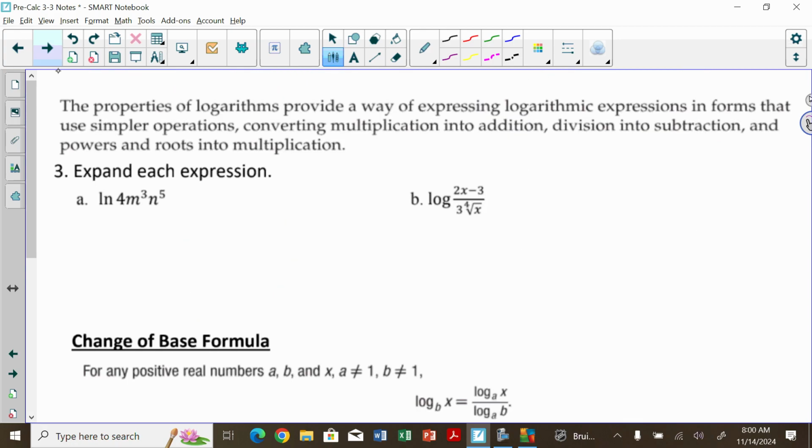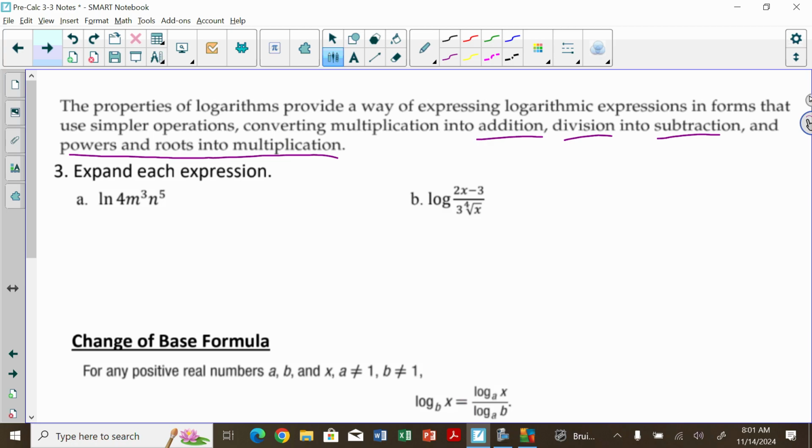All right, next page. So properties of logarithms, these provide a way of expressing logarithmic expressions in forms that use simpler operations. So kind of converting them into addition, subtraction, multiplication. So we take that multiplication, you make it into addition, division, subtraction.